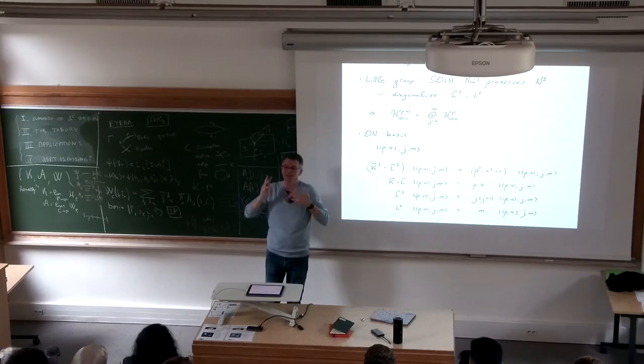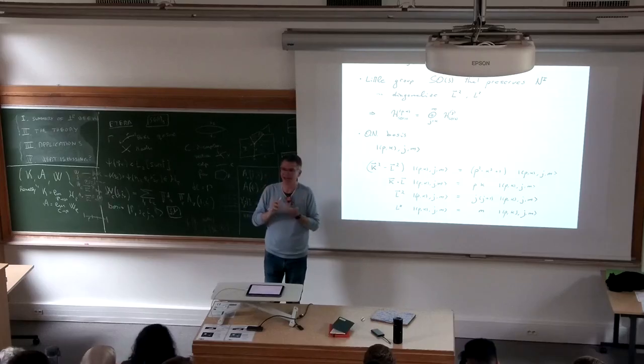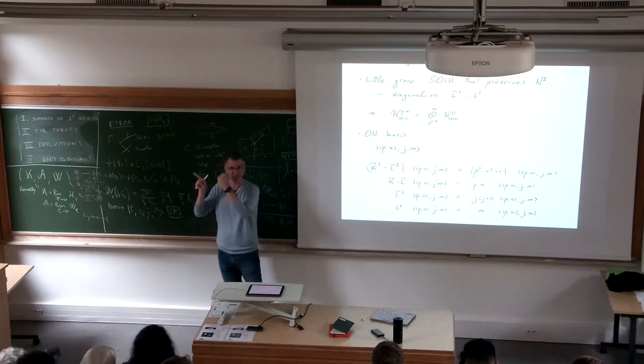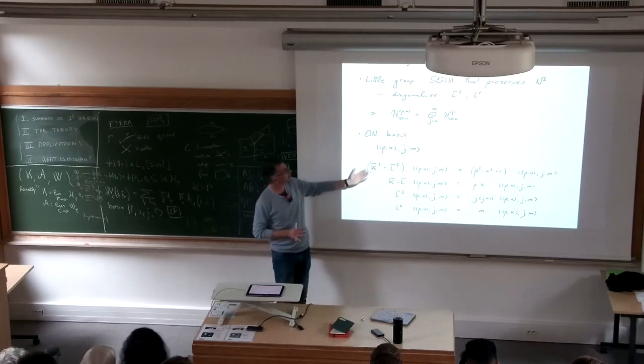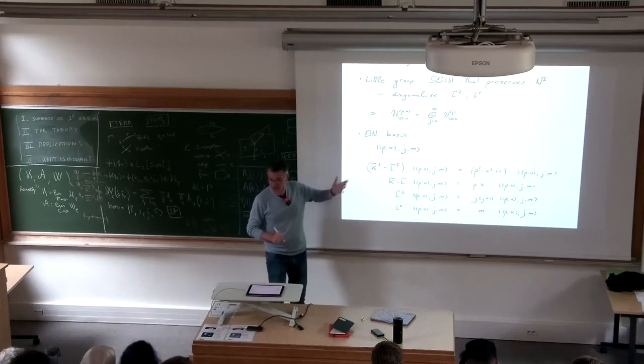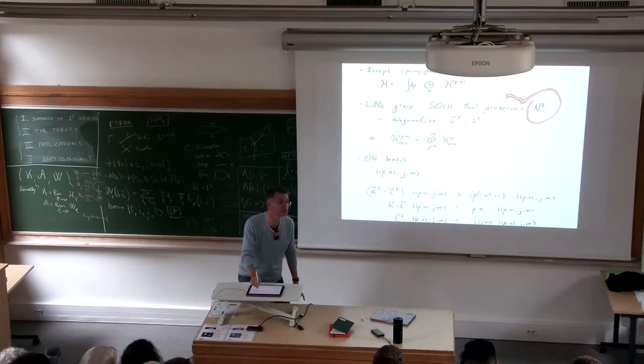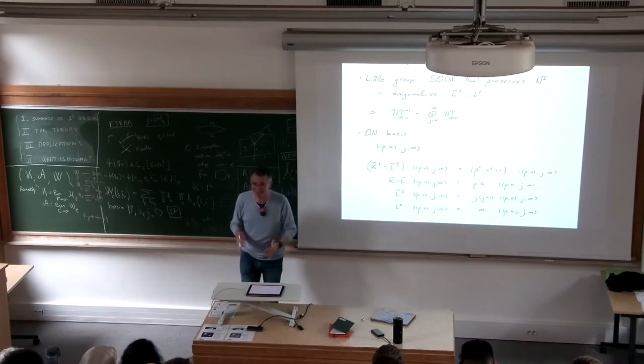So I really just need to know rotations. Unless the particle is massless, then I need to work a bit harder for finding the little group. But here we are not free to choose the little group because we don't have a canonical n. This one is dynamical.